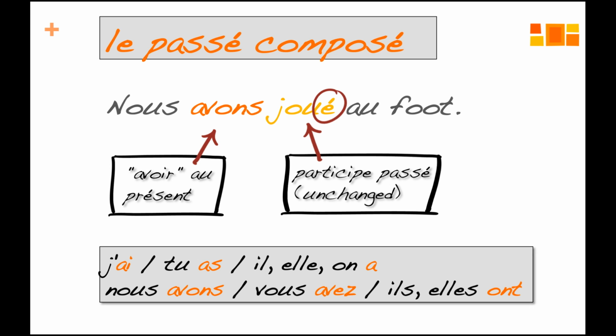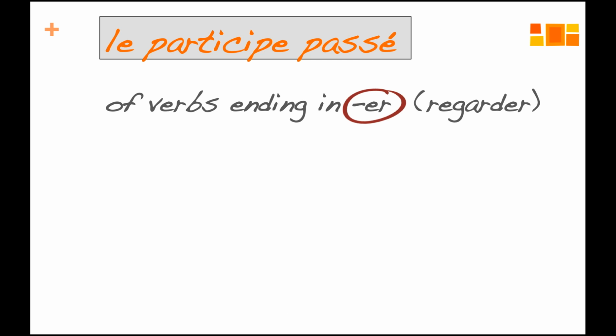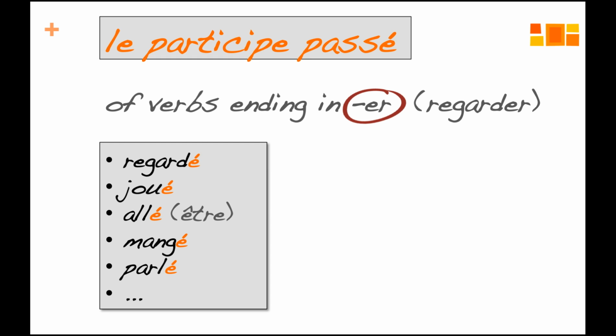And this French past participle is what we have next. Le participe passé. Let's first have a look at the group of verbs ending in er, which are like regarder, for example. Now this is easy because they all have é accent aigu à la fin, like regarder, jouer, aller, manger, parler, and so on. There's lots more, as you know.